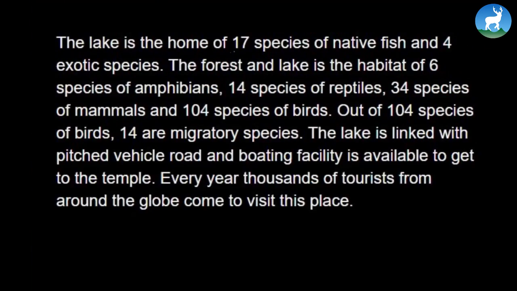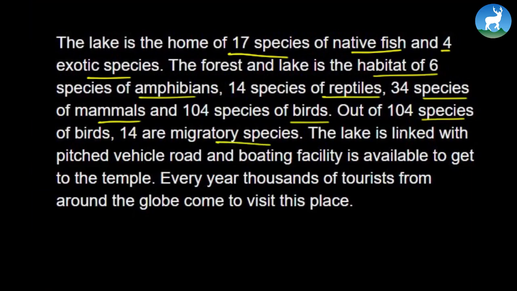The lake is the home of 17 species of native fish and 4 exotic species. The forest and lake is the habitat of 6 species of amphibians, 14 species of reptiles, 34 species of mammals, and 104 species of birds. Out of 104 species of birds, 14 are migratory species.